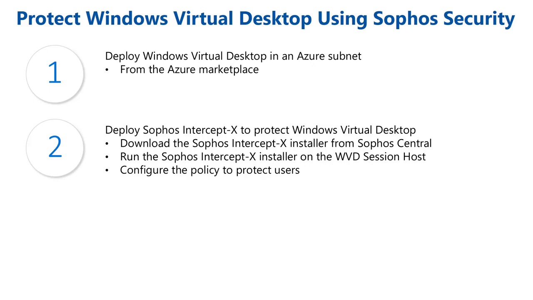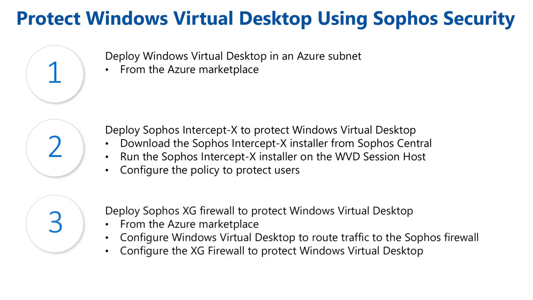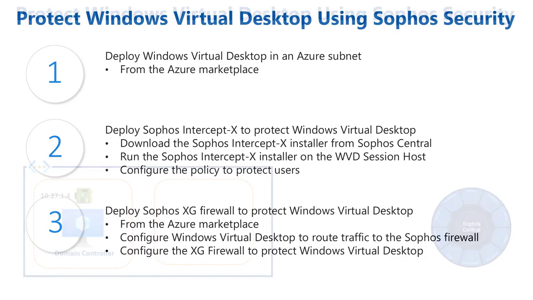In the second part, I'll deploy the Sophos XG firewall to provide an added layer of security on the network front. That's called defense in depth. So let's get right into the current environment, and then I'll show you the demo.